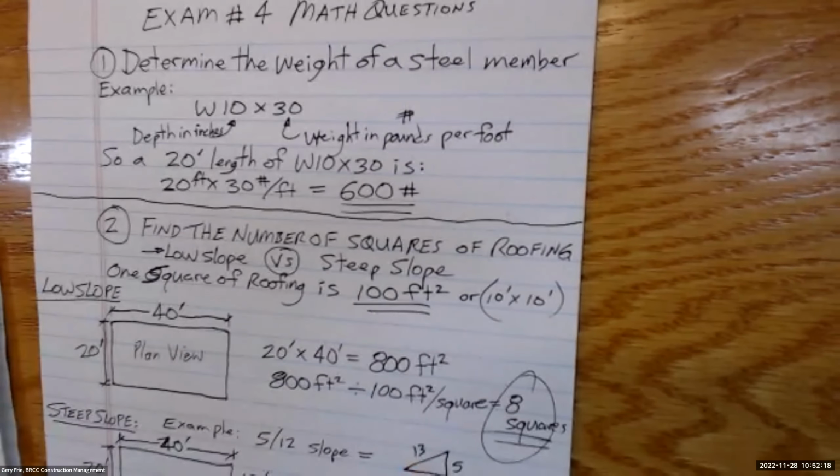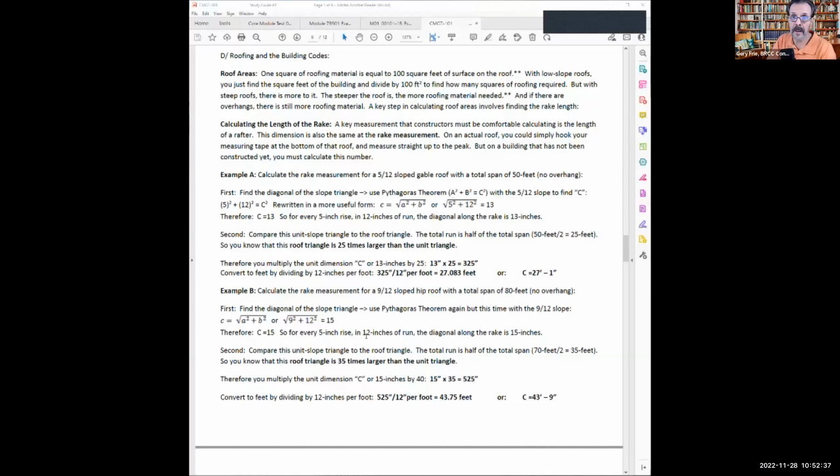If I go back up to switch to my other camera for a minute, or maybe to the end here, I'll see if I can share the study guide. I think it's still up here. There's a study guide for exam 4.